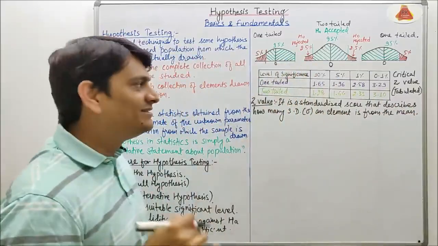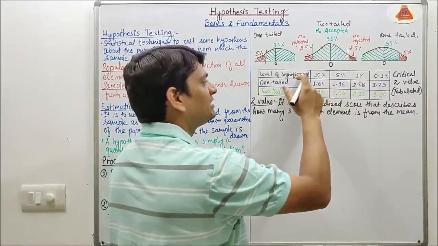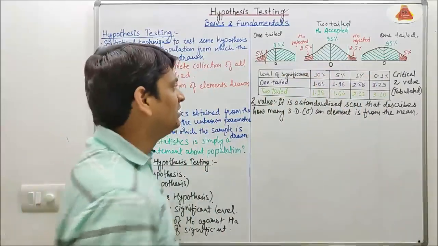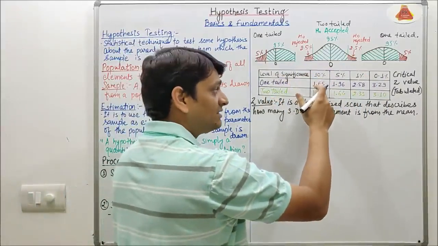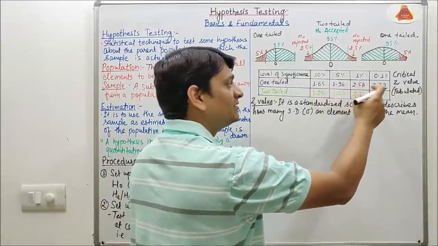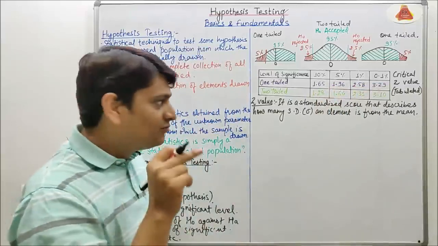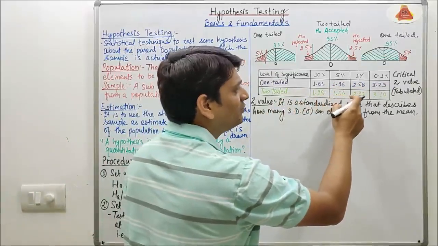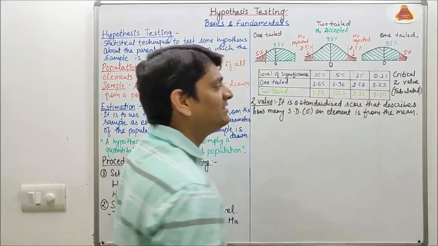So these are the critical Z values. This row is the level of significance, that is 10%, 5%, 1% and 0.1%. For one-tailed it is 1.65, 1.96, 2.58, 3.29. For two-tailed test it is 1.28, 1.64, 2.33 and 3.10.